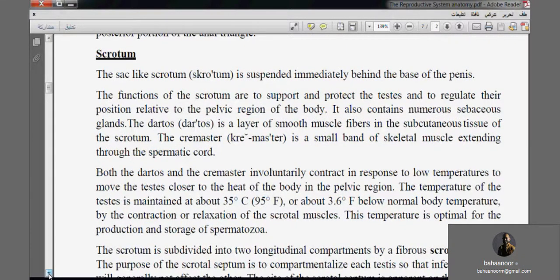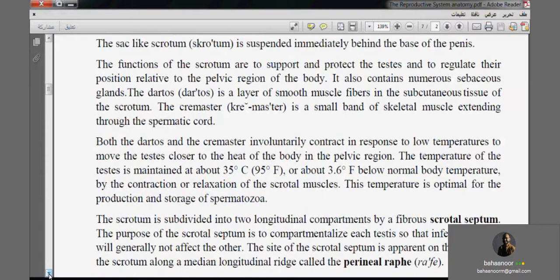By the contraction or relaxation of the scrotal muscles, this temperature is optimal for the production and storage of the spermatozoa. شلون تحافظ على درجة الحرارة؟ يا أما يصير فيها contraction وتصير قريبة من الجسم وترتفع درجة الحرارة في حالة البرودة، أو يصير بها relaxation حتى تكون أبرد. وهاي درجة الحرارة جدا مهمة للproduction and storage of spermatozoa.